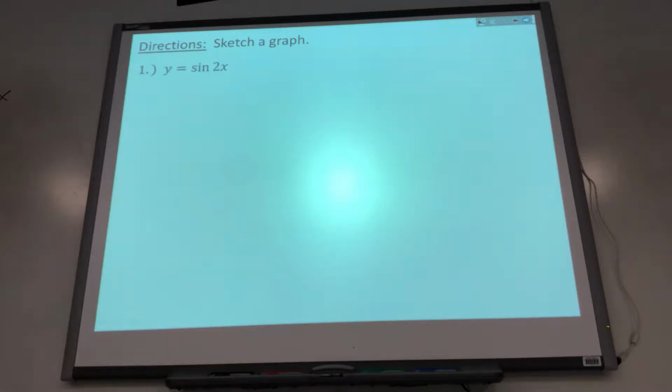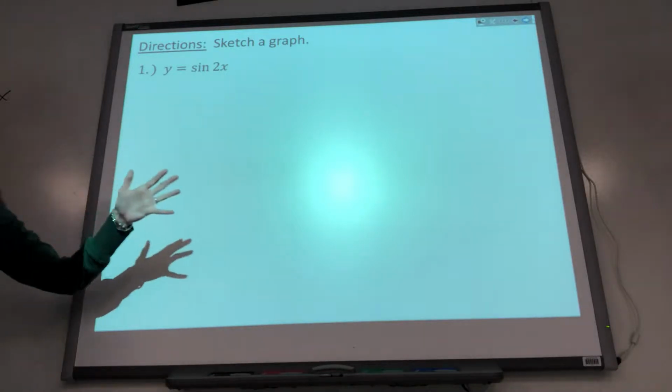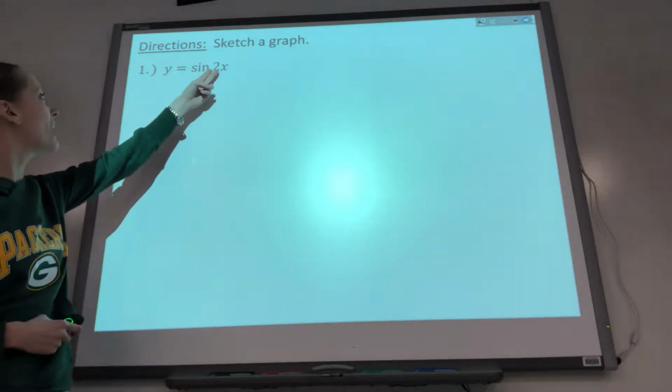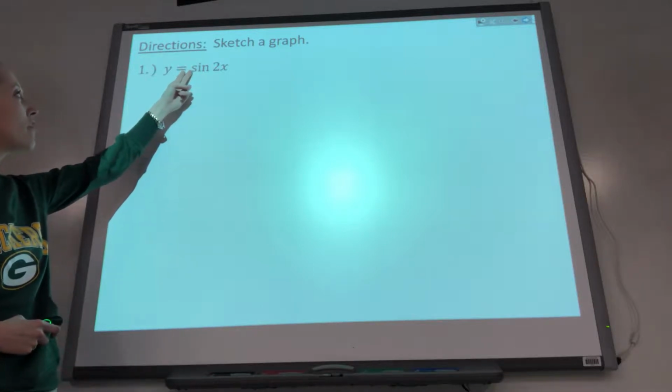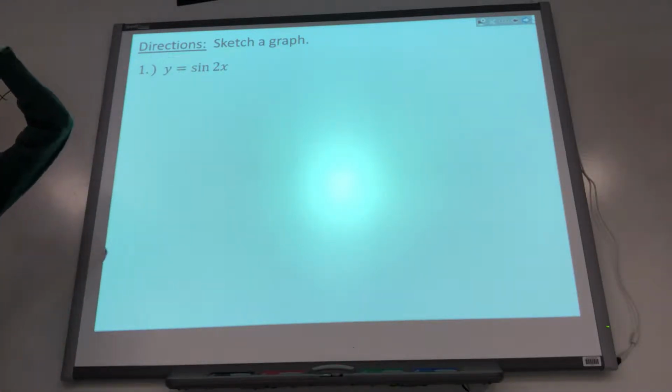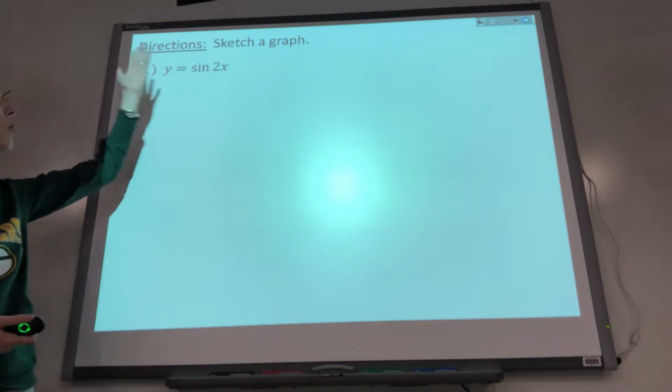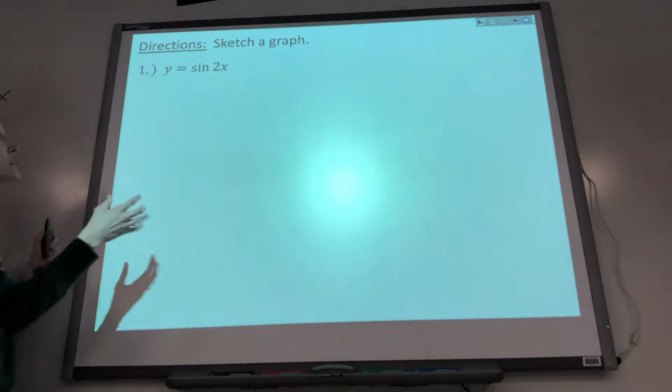Okie doke, so let's see the first one. Example 1 says y equals sine of 2x. We know what a number does when it's in front of the function. That made it like a vertical stretch. We don't know about this yet, so this is new.